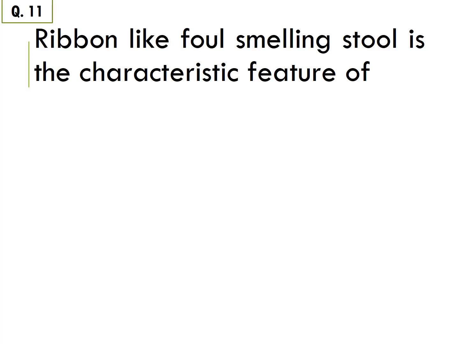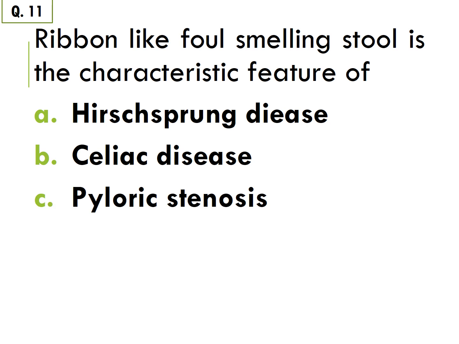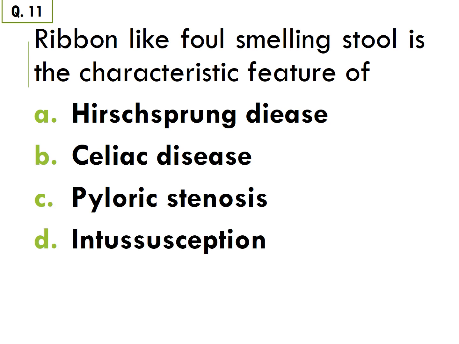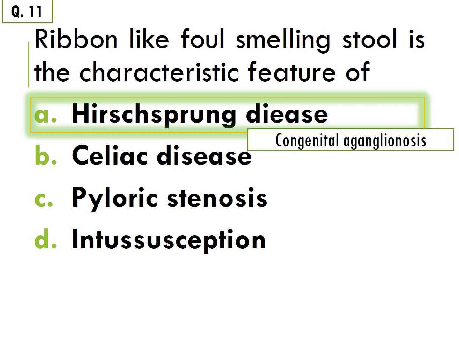Question number 11. Ribbon-like foul-smelling stool is the characteristic feature of, and the options are Hirschsprung disease, celiac disease, pyloric stenosis and intussusception. And the answer is Hirschsprung disease, which is also called congenital aganglionosis.